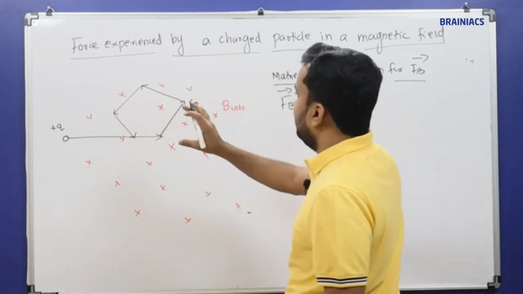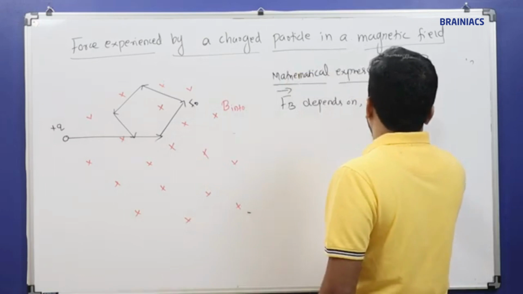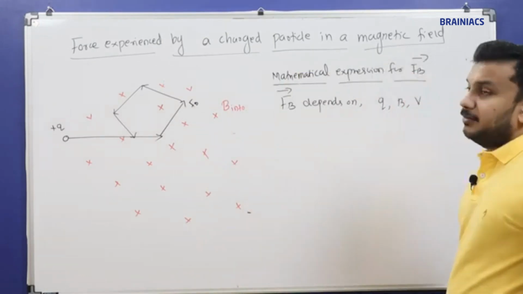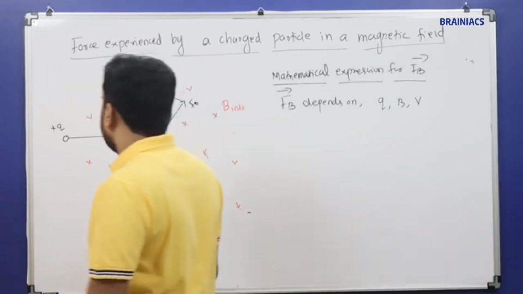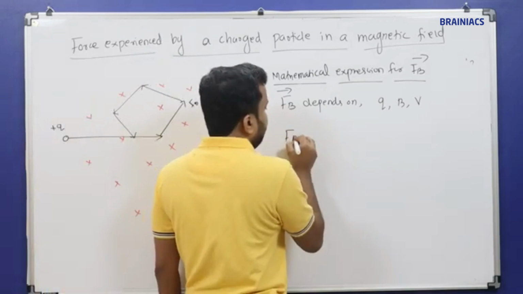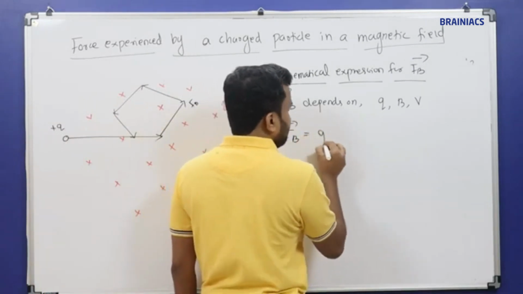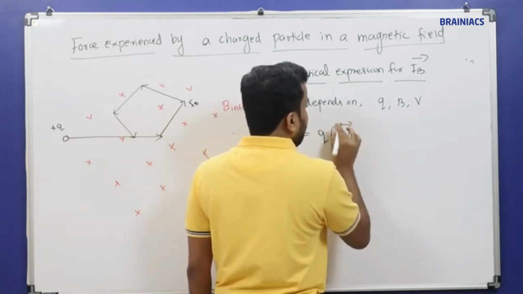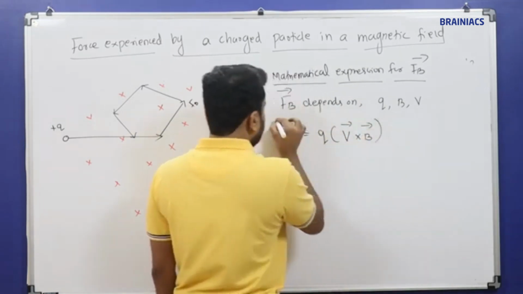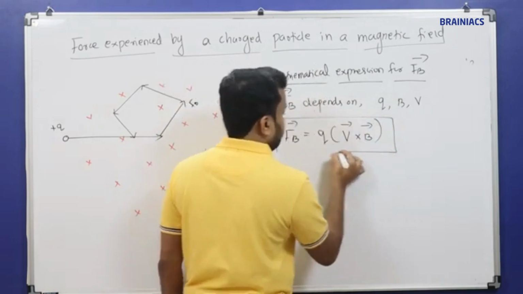FB depends upon the charge Q and magnetic field B, and one more thing it depends upon is velocity. Velocity means speed of the charged particle. So the expression for FB will be equal to Q, which is a scalar quantity, times V cross B, velocity cross magnetic field. This equation is important.